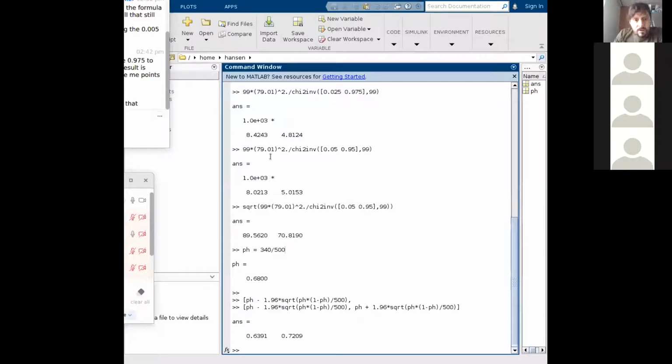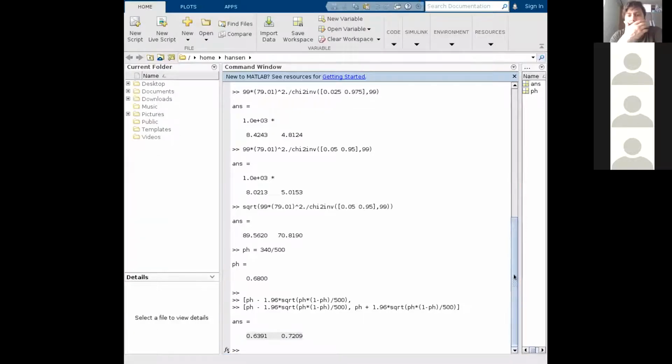So 340 over 500, and then there's my p hat. That's my square root of the variance term. That's my lower limit. Sorry, that's the interval. So here's my lower limit, p hat minus that, and upper limit, p hat plus that, the same square root as in the formula, and I get this result: 0.6391 and 0.7201.